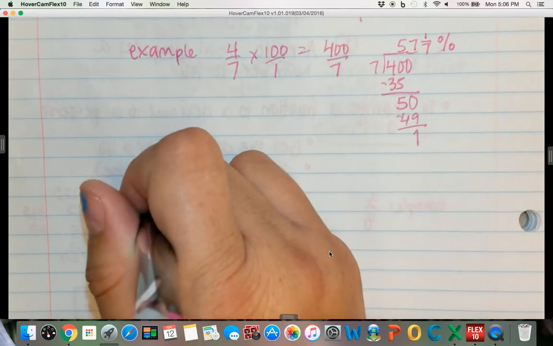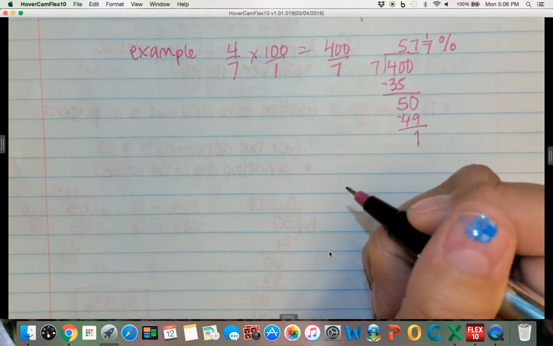If I turn a decimal into a percent, another way is to multiply it by 100.